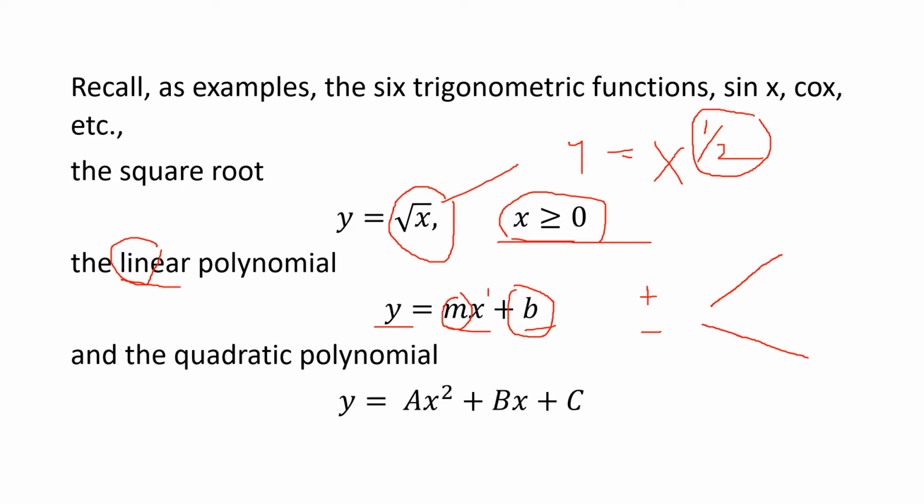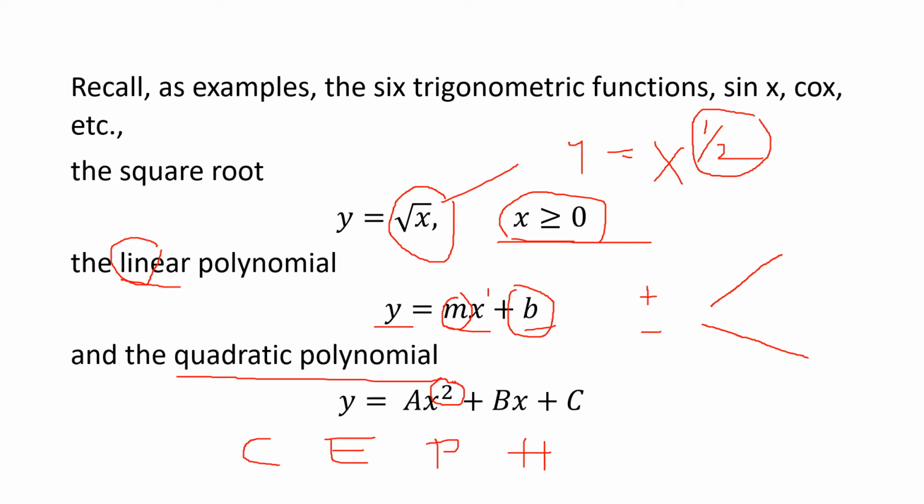And then next is the quadratic polynomial. Dealing with this quadratic polynomial, your highest degree is 2, or the highest exponent that you can see on this equation is equal to 2. So what are these equations? These are equations of a circle, ellipse, parabola, and hyperbola, and many curves.